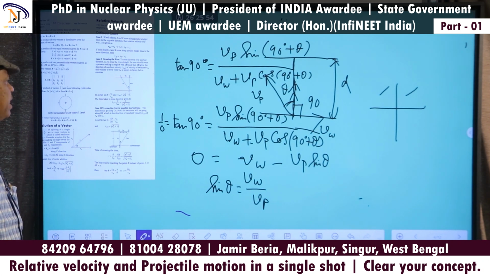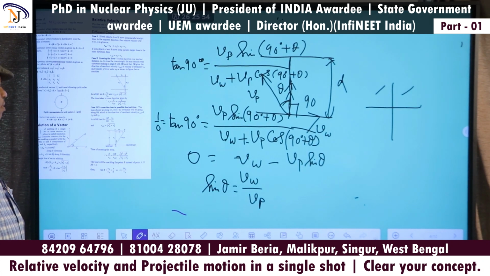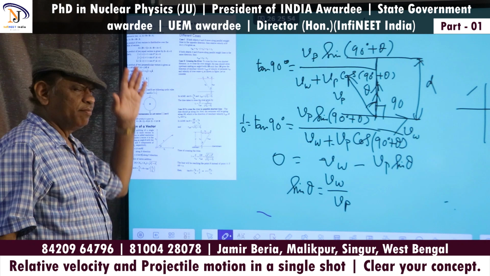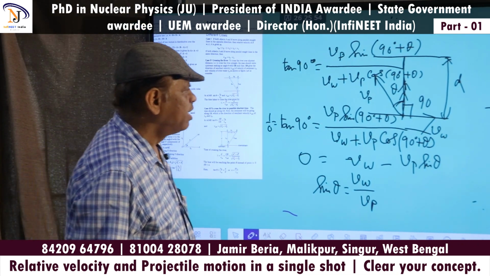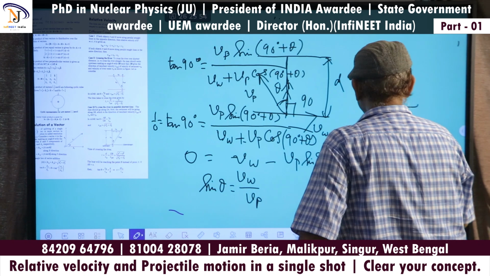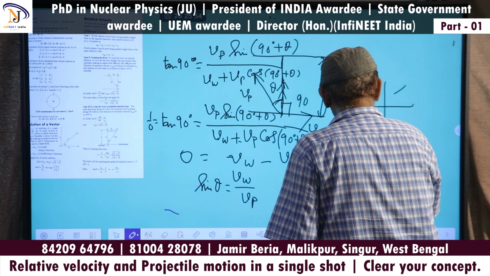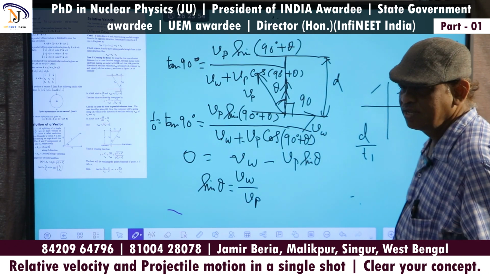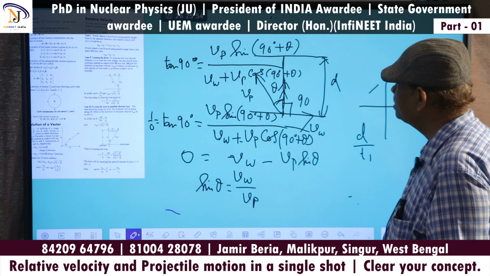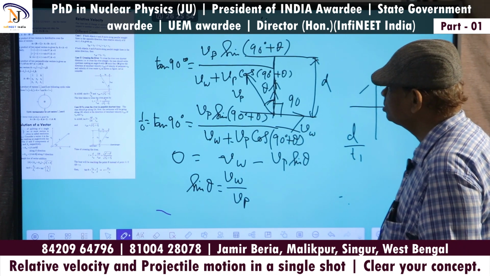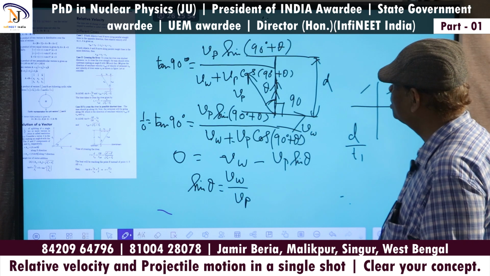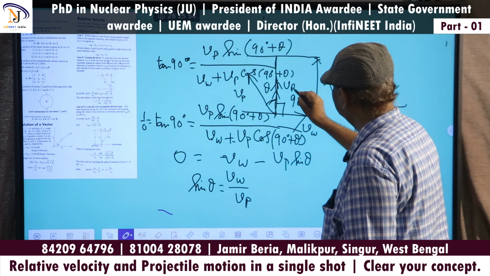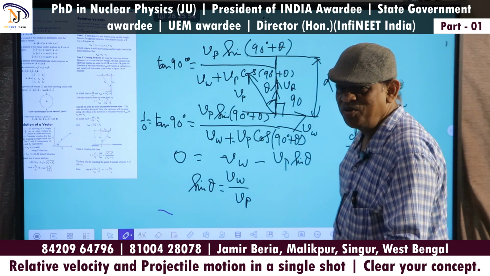Then what do you have to find? You have to find the time. If the distance is d, then d by t1 means velocity. Velocity of which? This is the resultant velocity, Vr. How can you calculate it?